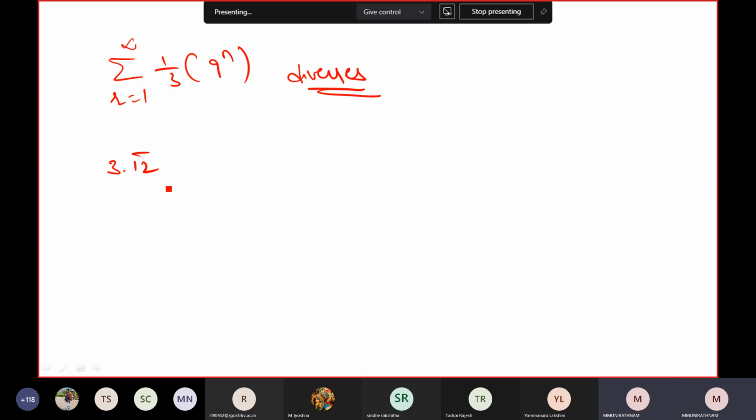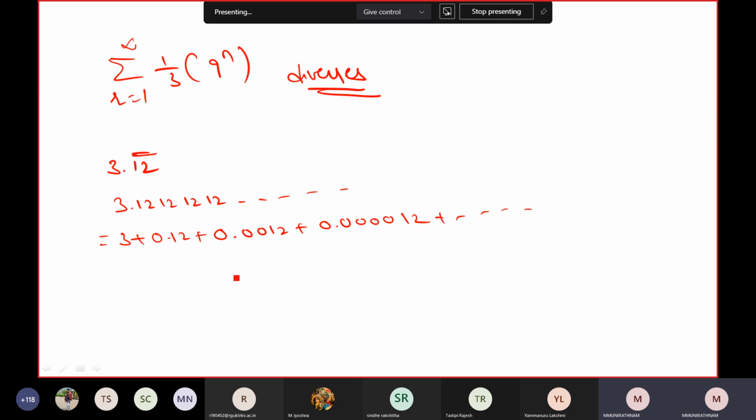As you know, 3.12 bar is written like this, as 3 plus 0.12 plus 0.0012 plus 0.000012 and so on. 0.12 is nothing but 12 by 100, 0.0012 is 12 by 10 power 4, then 12 by 10 power 6, and so on.